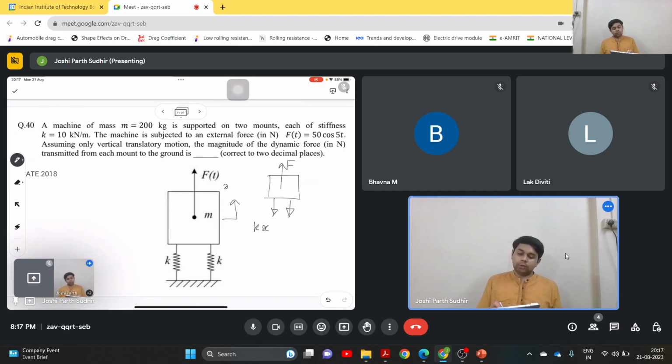Let us say x of t is the displacement of the center of mass of the machine with respect to its own equilibrium position.